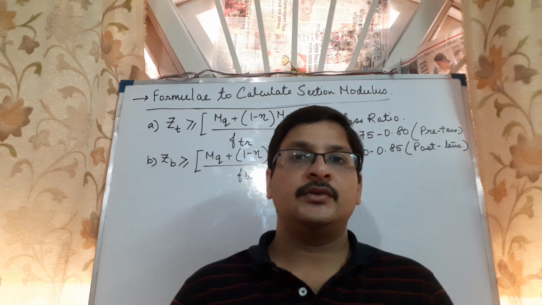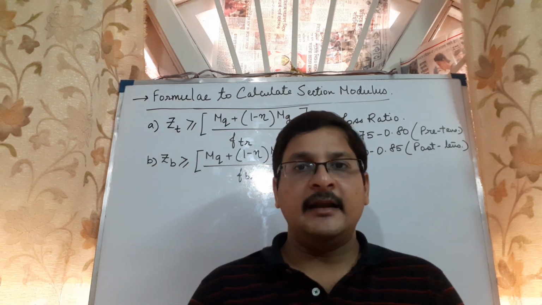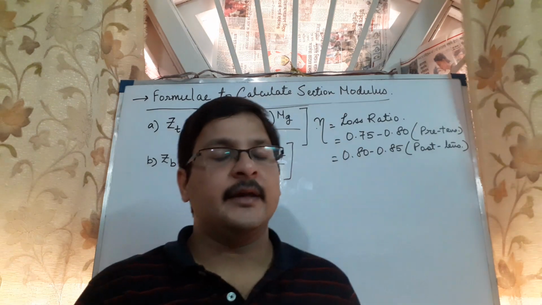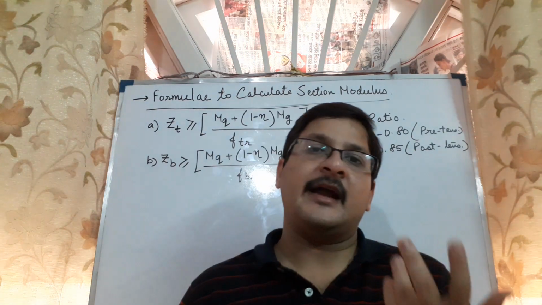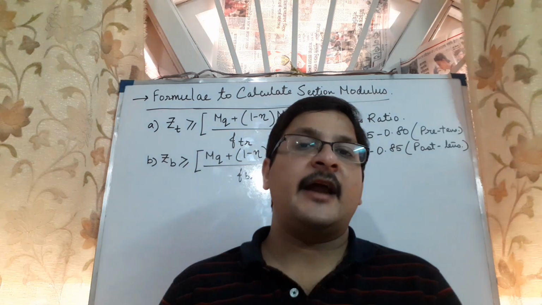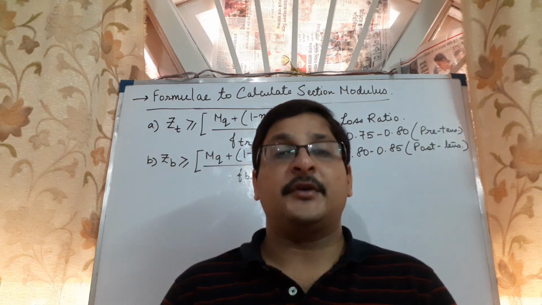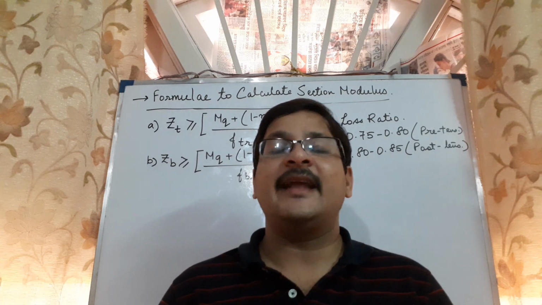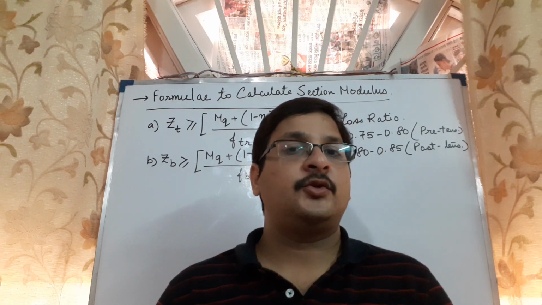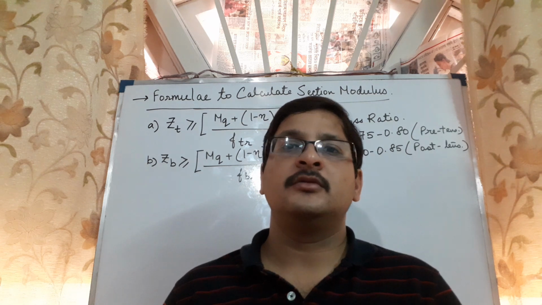I told you that while doing this topic, design of flexure, we had three main criteria. We had to find out the section modulus, the prestressing force and the eccentricity. Now there are two critical combinations I told you.